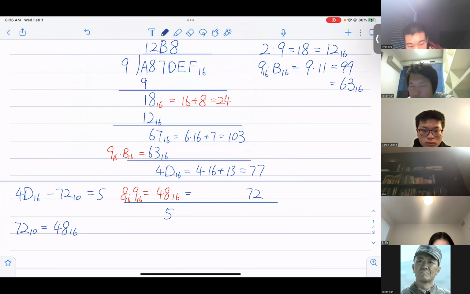So we say you can do it in decimal, you can do it in base number 16, because we're getting a remainder. The remainder will never exceed 16, right?